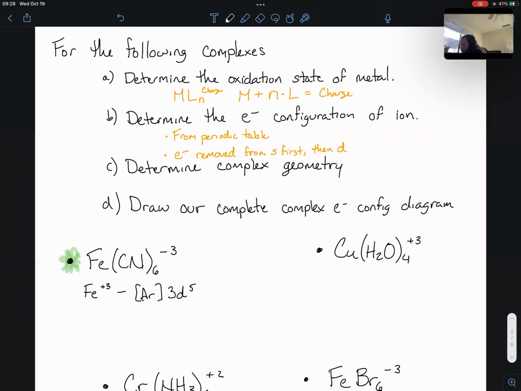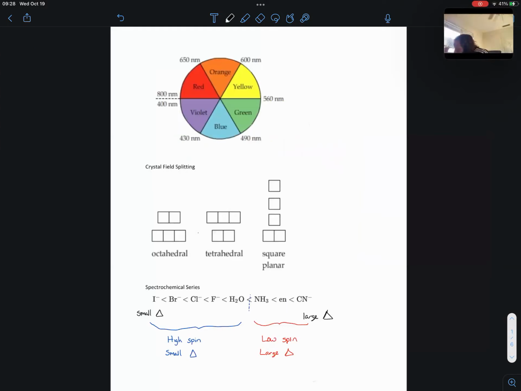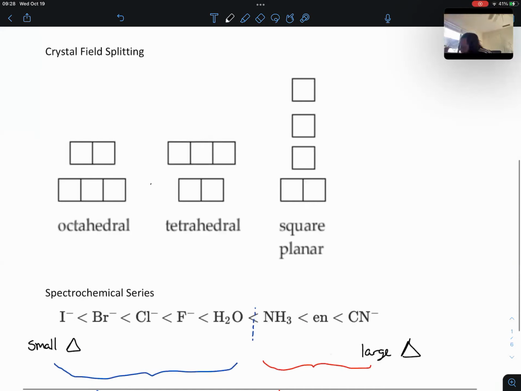All right, so now we need to determine our complex's geometry. We're going to do another iClicker for this one. We'll make it multiple choice. We've got 3 options: A is octahedral, B is tetrahedral, and C is square planar.